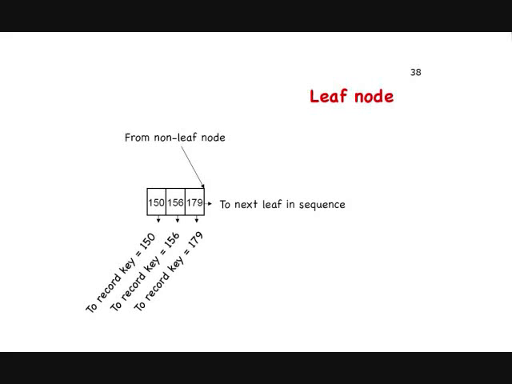If we want everything between 100 and 180, then we come down here and start reading along. We don't want to have to go back up to come back there. We want to come along, hop, hop, hop. So if we just put a pointer at the end there, it means we can go along until we get to the end of our range, rather than have to go back up the index each time.